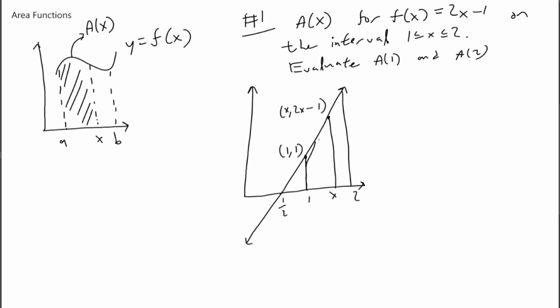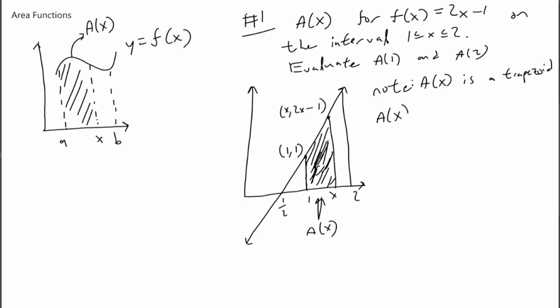Right, so we're trying to find this shaded region here, and we need to think of some area function A of x to denote this area. So we note here that A of x is a trapezoid, so that we can write A of x is equal to (base 1 plus base 2) over 2 times height.